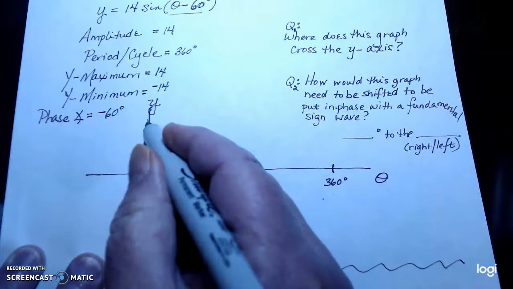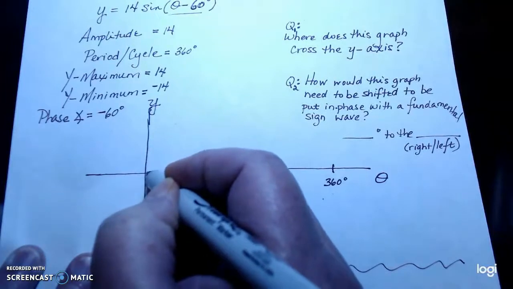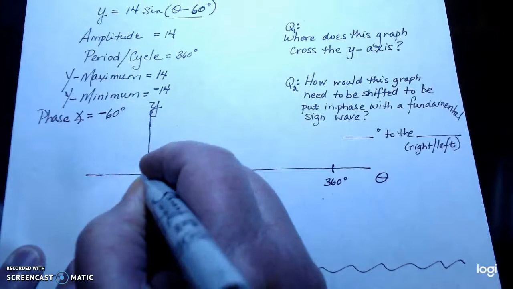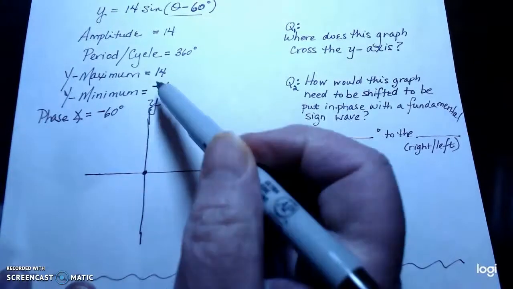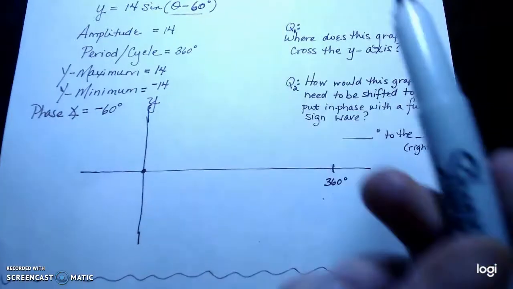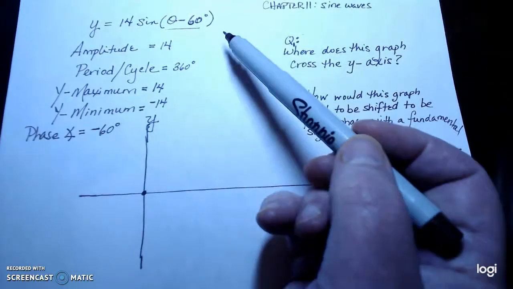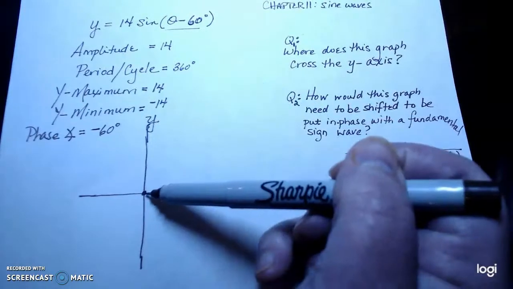What that refers to, sine starting low, is when the input angle is 0 degrees, the sine of 0 is in fact 0. Now, is that true for this function? Well, likely not. And in fact, the answer is that it does not start at 0, 0 because you have a phase shift.